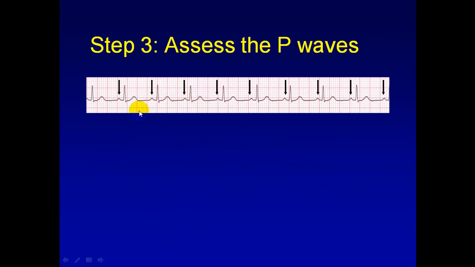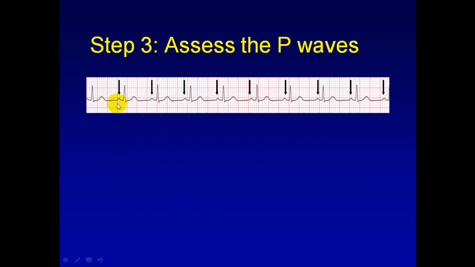So this is regular and sinus. The impulse passes through the normal conduction pathway. We will discuss it several times. Then look at the P waves: if they are similar in the same strip, in shape and duration, it is normal.